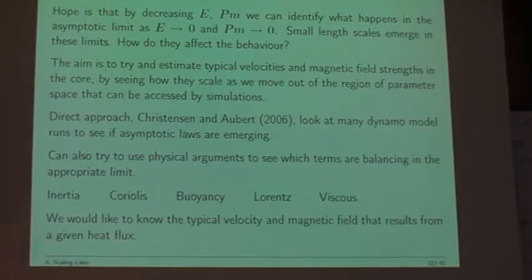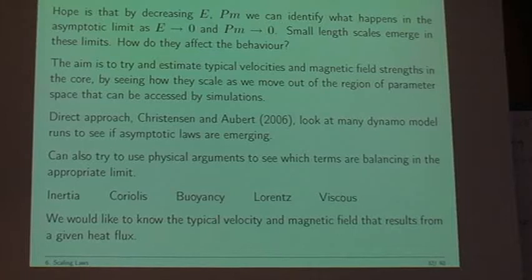Right, I've just got a bit of time to talk about scaling laws. So what have we seen from all these linear calculations and the wave discussions? Well, we've seen that inertia, Coriolis, buoyancy, Lorentz, and viscous forces can all be important in different regimes.